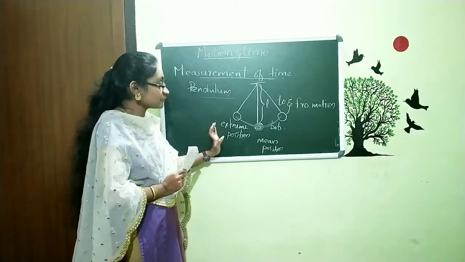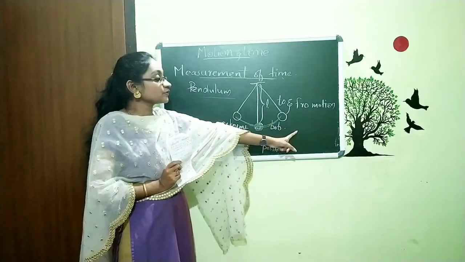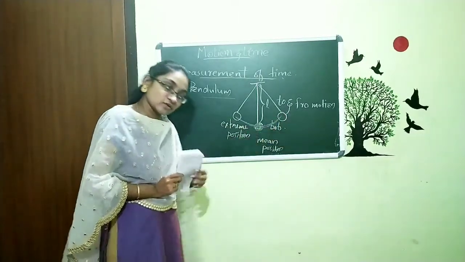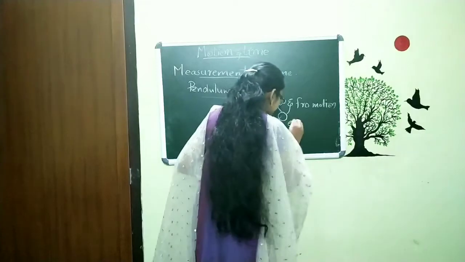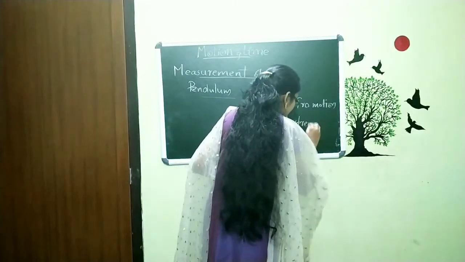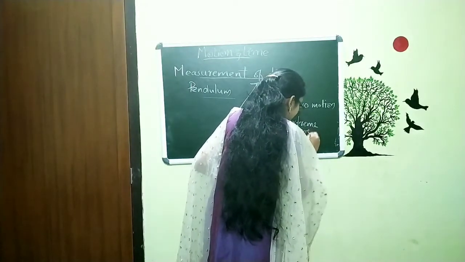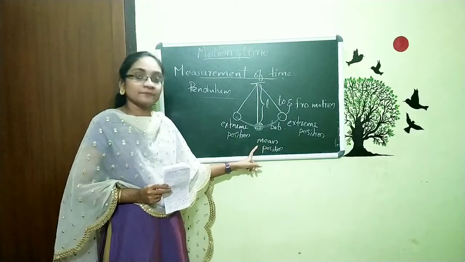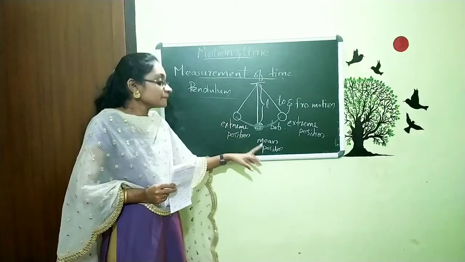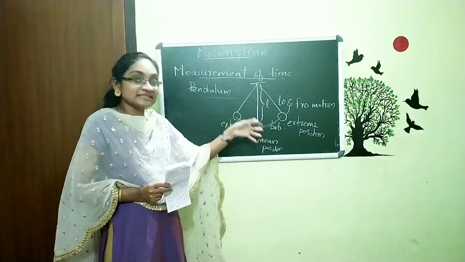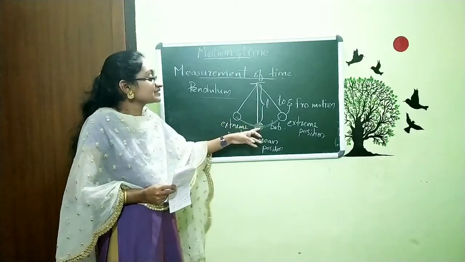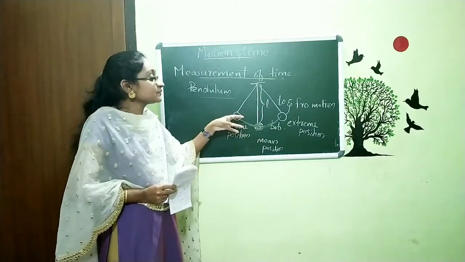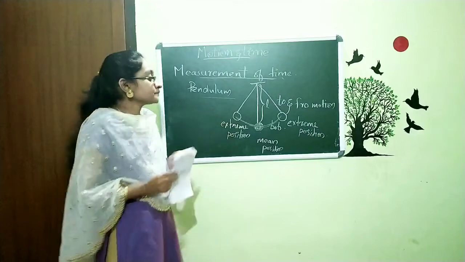So that is the extreme position, and this side also you can see such a point, and that is also called the extreme position. So there are two extreme positions and one mean position. You want to remember, the mean position is where the bob is at rest, and the extreme position is the maximum height that is reached by this bob.